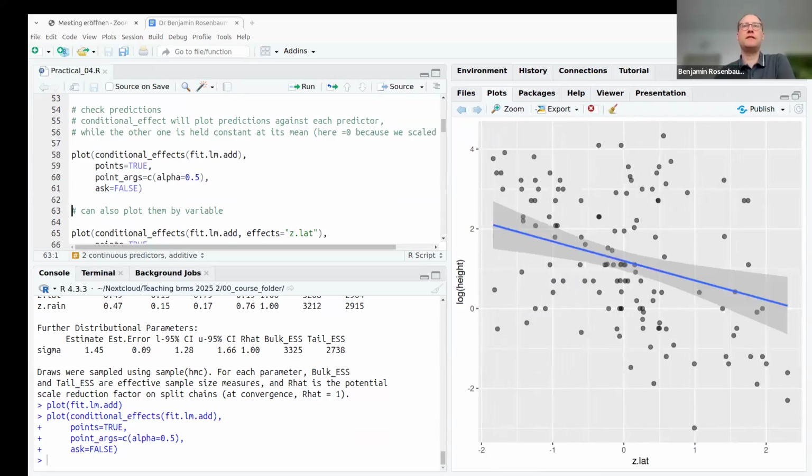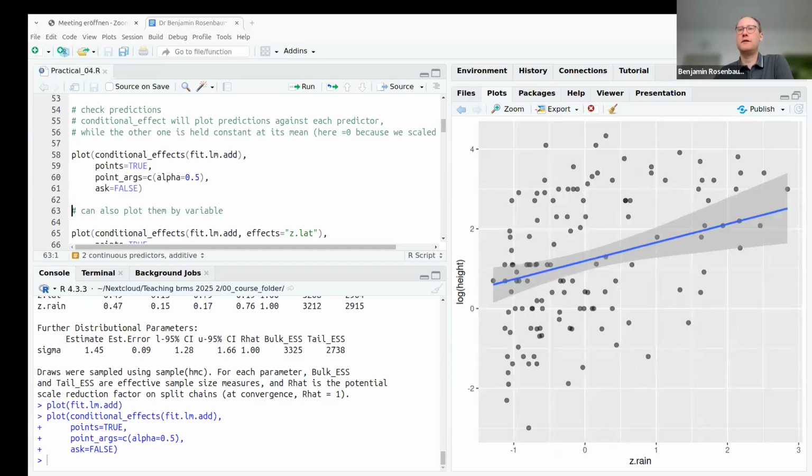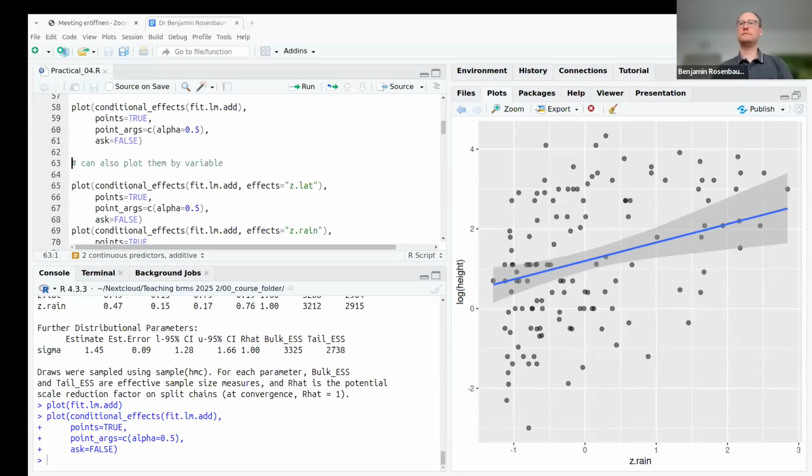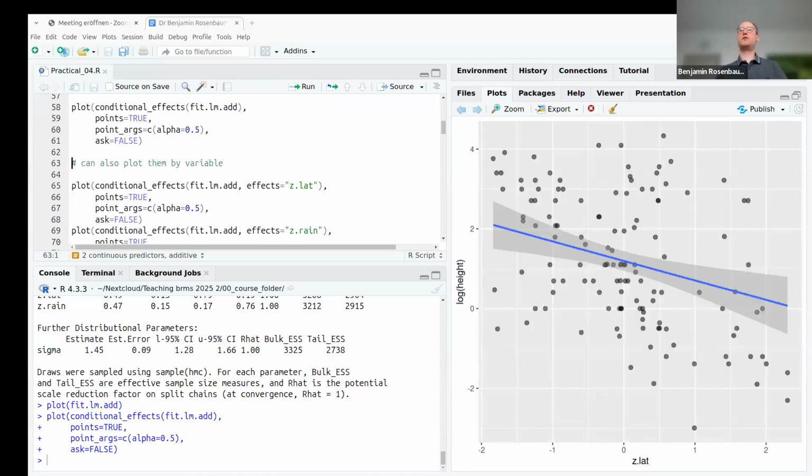So it produces two figures: the first one is the effect of latitude, and the second one is the effect of rainfall. Since there are two predictors involved, the value of the predictor which is not shown is automatically chosen at its mean value. Here the mean value of the second predictor was 0 because we scaled it.